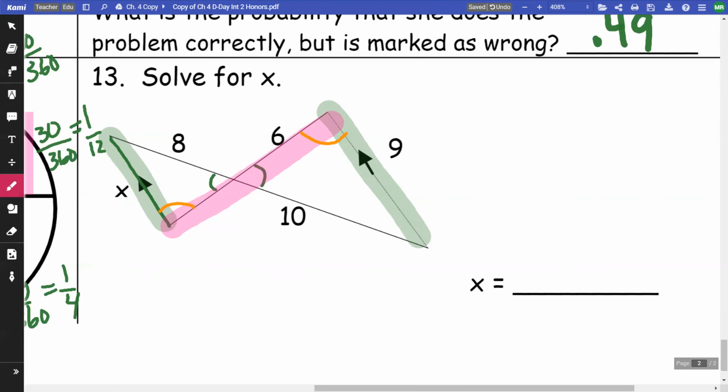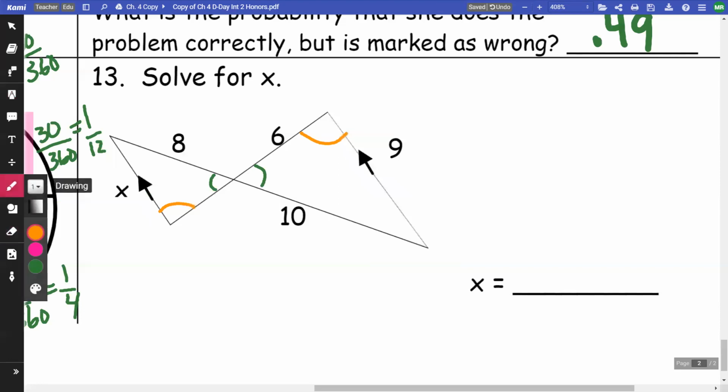So let me just kind of color code things real quick. I have this side here, which is the one I want, X, is going to match with this one.